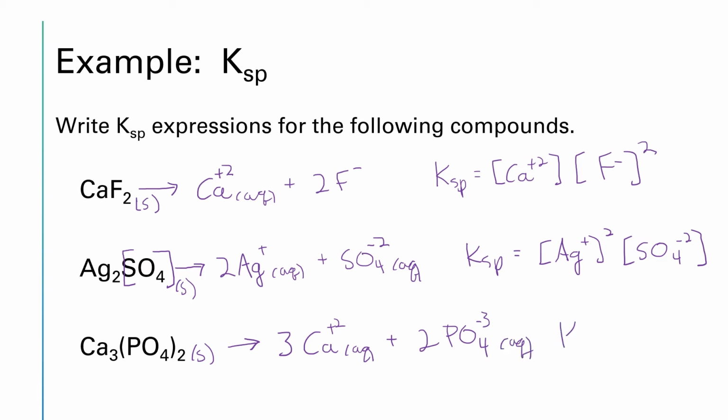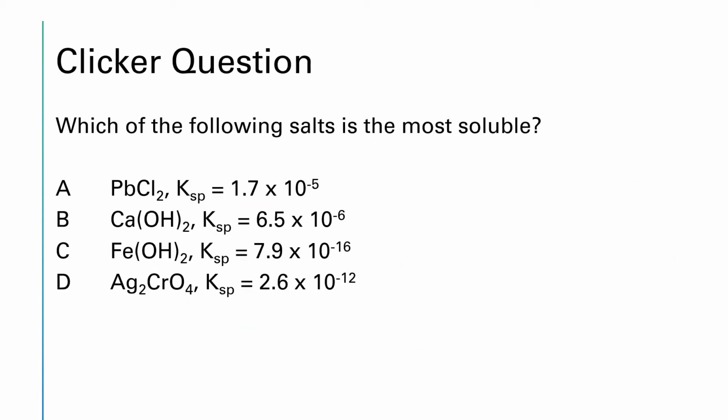And our KSP expression will be equal to calcium cubed multiplied by phosphate squared. And I just realized I'm writing the wrong arrows. These should all be equilibrium arrows, not one-way arrows. All right, there we go.